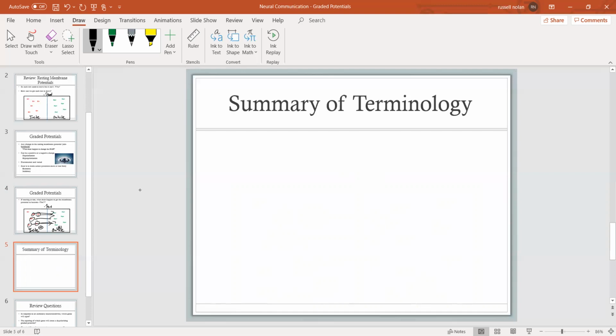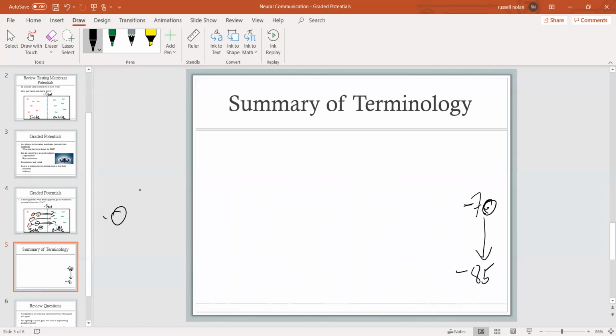Just to get where we started, we were at -70. I don't know why my pen's not working very well. Hope that works. So here we are, -70 at rest. Let's move this way, and let's call this negative.